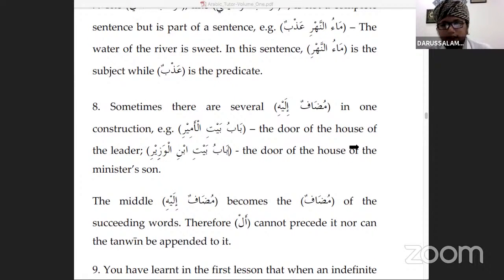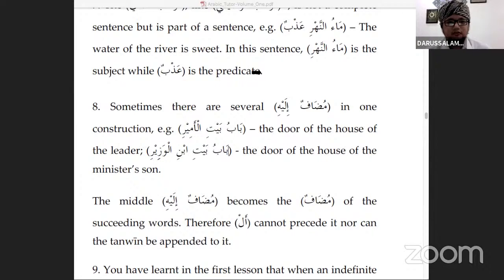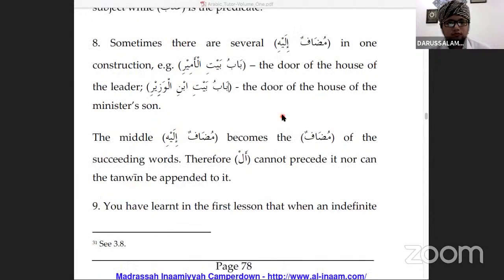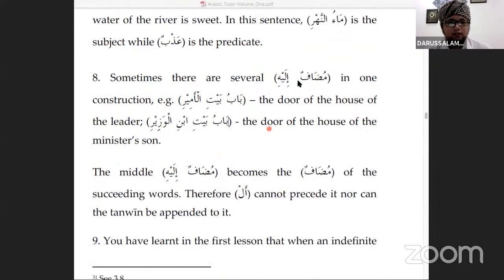Okay, you understand? Yes. Okay. So the next bit, we're saying that babu, for example, babu baitil amiri.